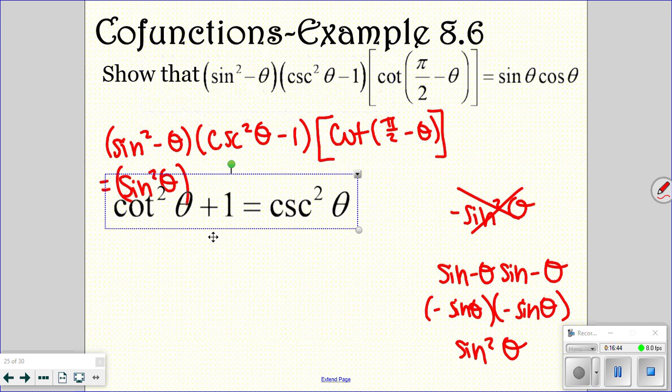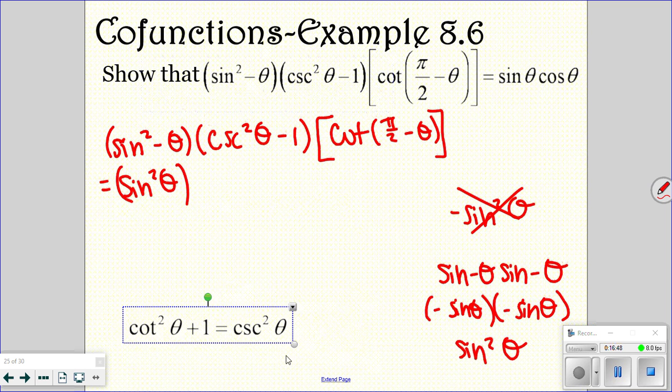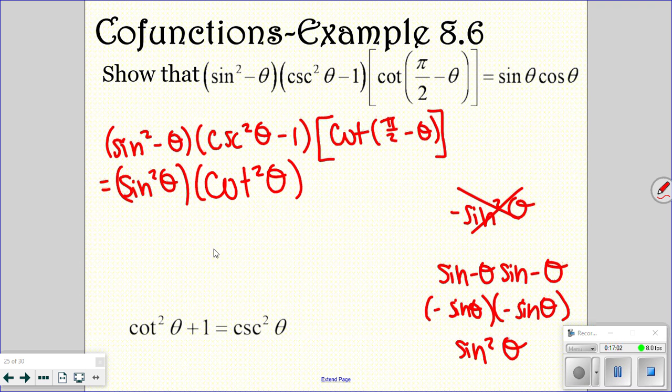And so if I pull it right here, cosecant minus 1. Well, if I'm going to make that cosecant minus 1, I'll have to subtract that 1 over. So then it's going to equal cotangent squared. So this whole thing can be replaced with cotangent squared of theta from that Pythagorean identity.